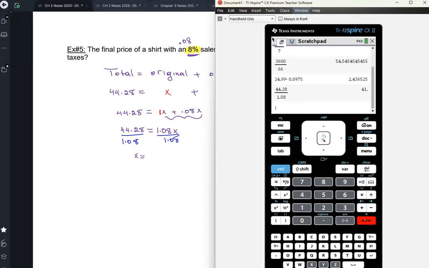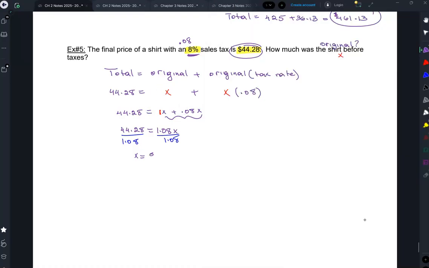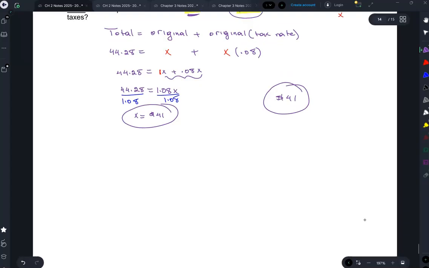It's exactly 41. So X is 41. That means the shirt was $41, and then with tax, you paid 44.28. Okay? All right. So with that, you can do the homework for this lesson.